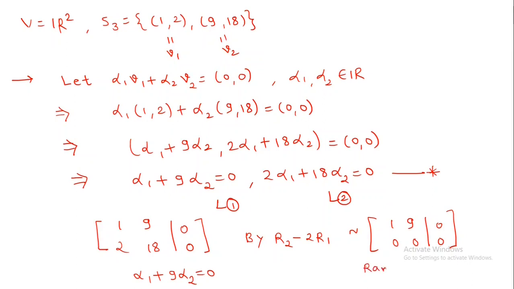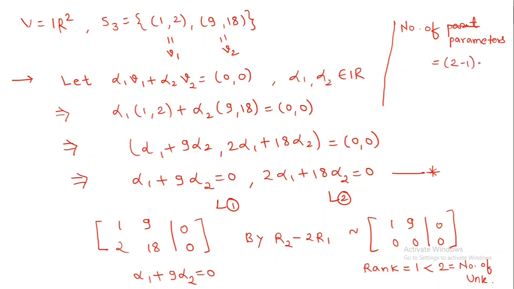The rank is 1, which is less than 2, the number of unknowns. Our unknowns are alpha 1 and alpha 2. Thus the number of parameters is, how many parameters? Yes, 2 minus 1, which is equal to 1. So it is very clear that this system has infinite solutions.